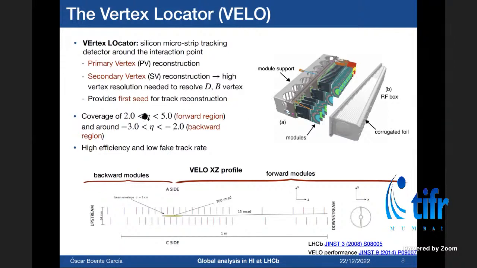This detector is important also because it has the largest coverage in pseudorapidity, in the forward region as the rest of the detector, but also in the backward region, thanks to these backward stations here. Basically, when we are in collider mode, the interactions would be located in this region, more or less. But when we inject gas, we will have interactions all over the Velo vessel, and this is an important point that we will have to consider.